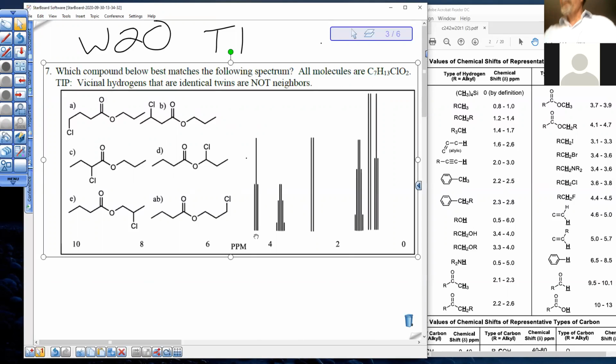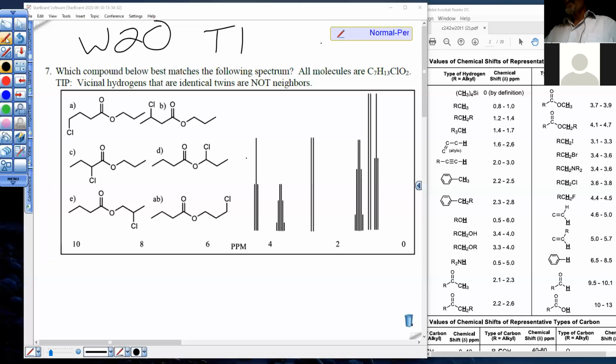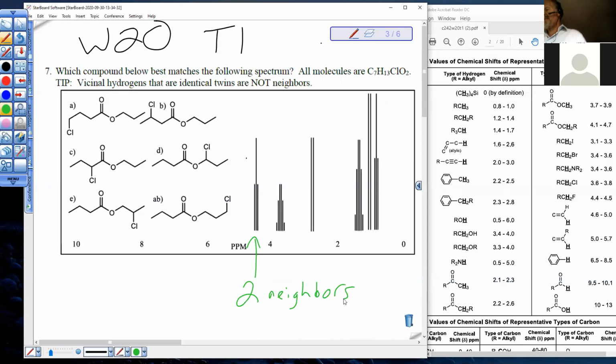What does triplet mean? Triplet means only one thing: 2 neighbors. 2 plus 1 equals 3 is called a triplet. This H here works because there's 2 neighbors.